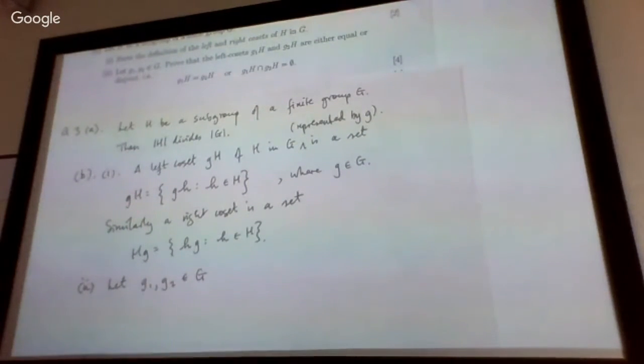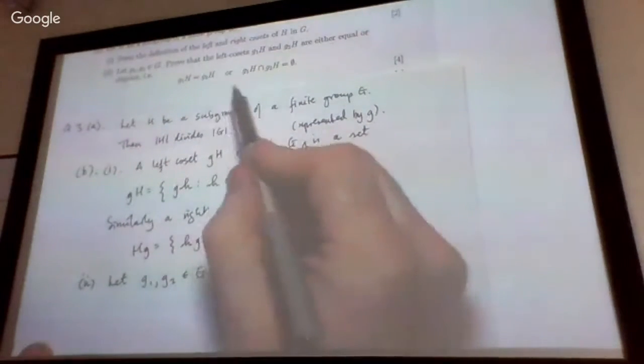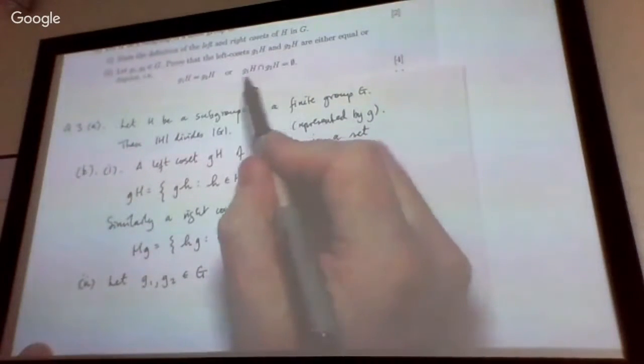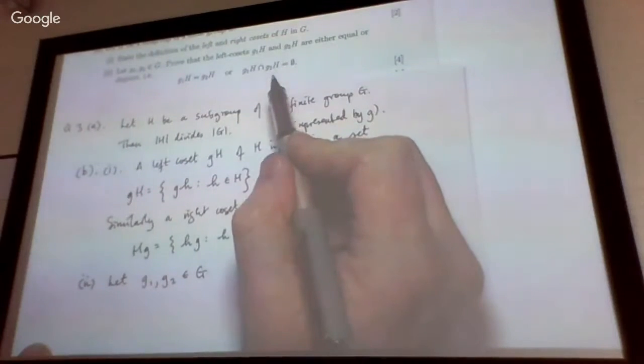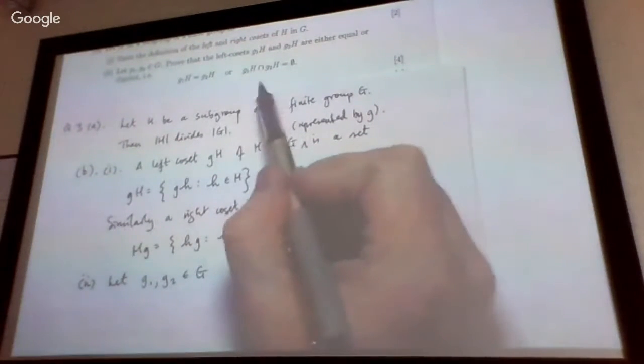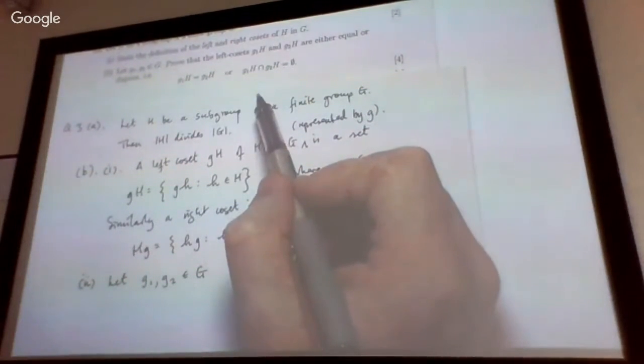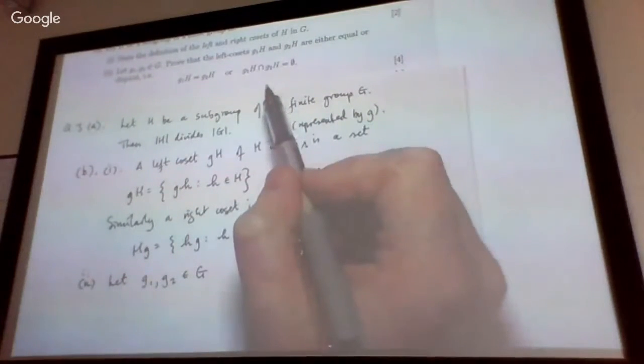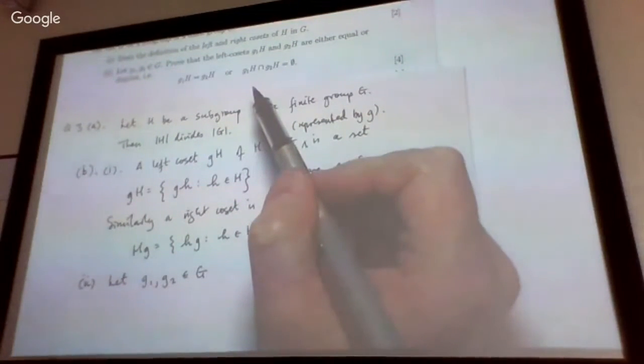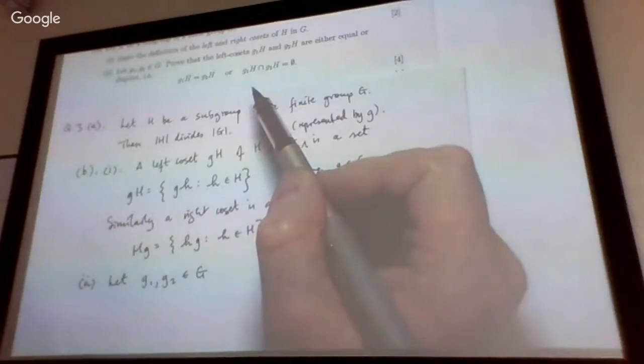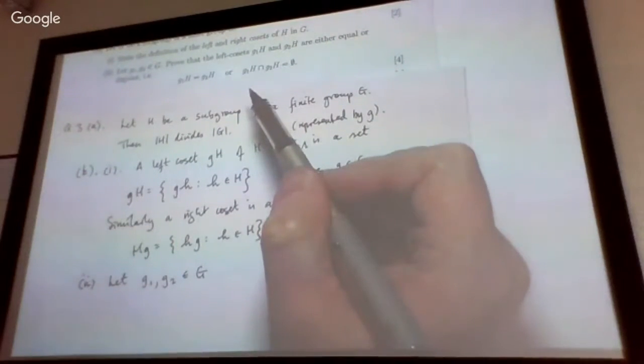Now, as is often the case where the conclusion you're trying to prove is an or statement, a disjunction, that in effect gives you an extra assumption, because you assume the negation of one of them and show that that implies the other one. Remember that classic case of proving Euclid's lemma in number theory: if p divides ab, then p divides a or p divides b.